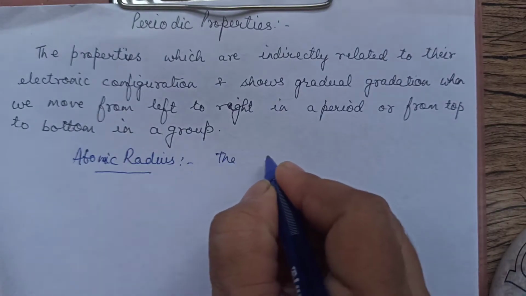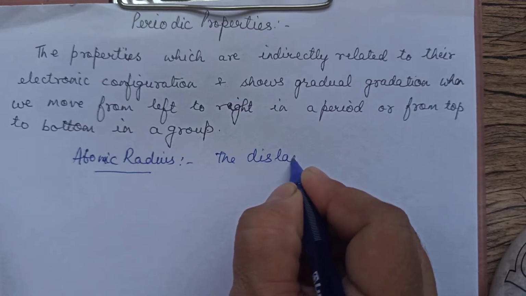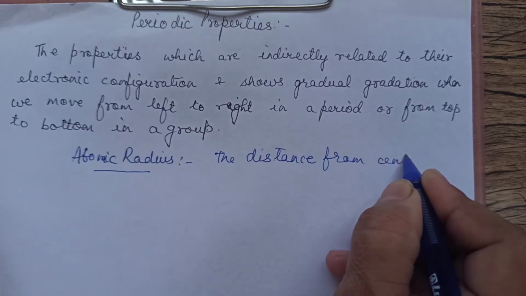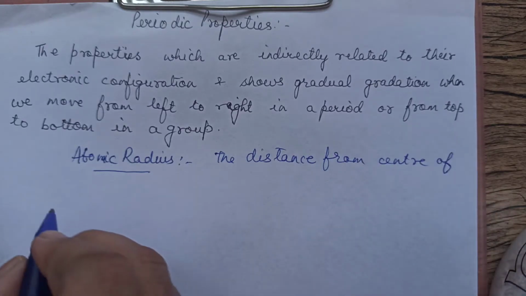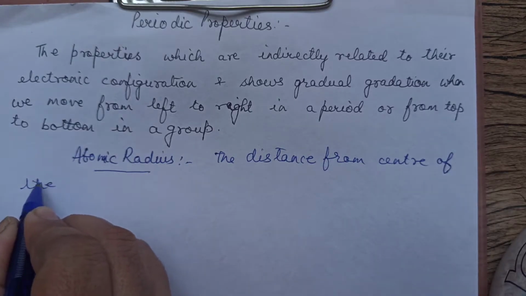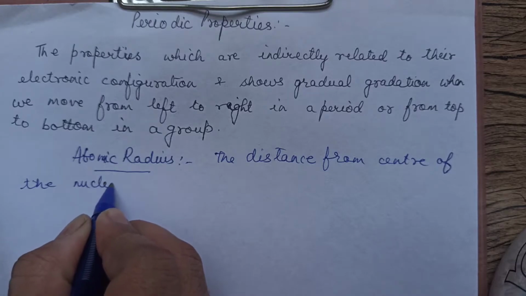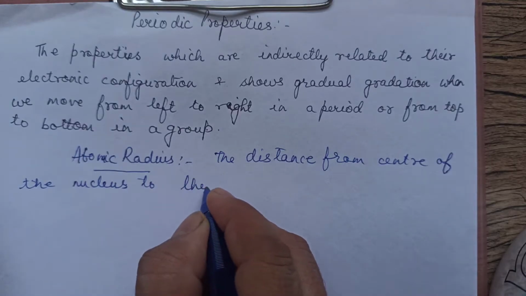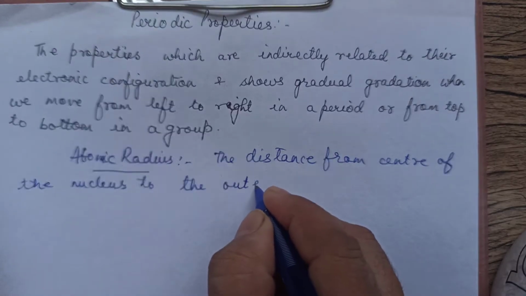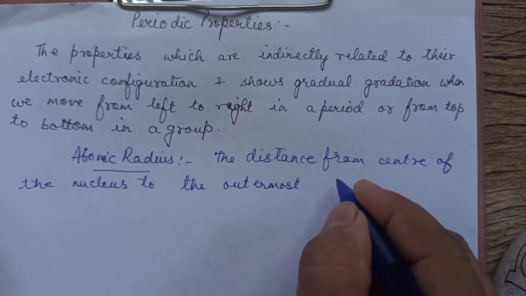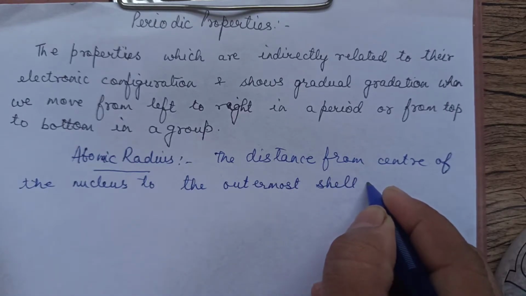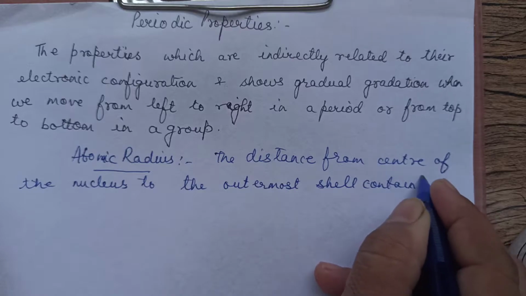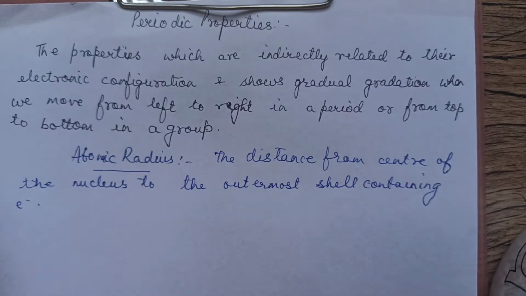The distance from the center of the nucleus to the outermost shell containing electrons. Okay, this is the atomic radius.